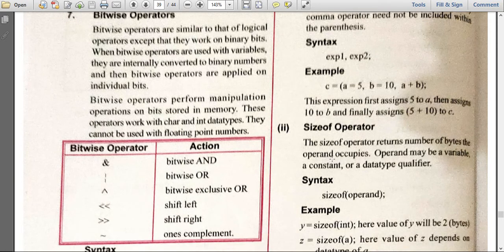Because an integer occupies 2 bytes. Okay?